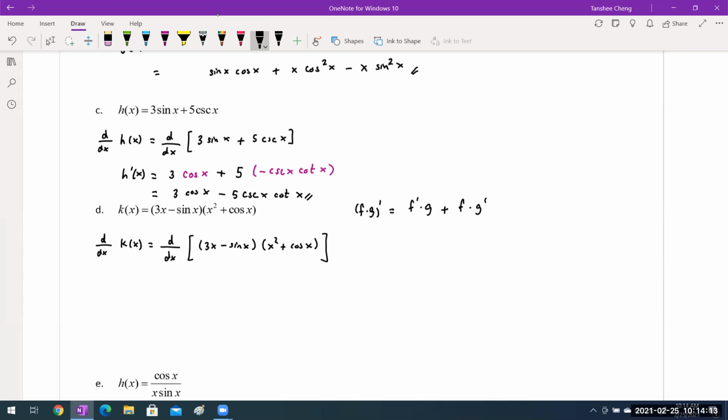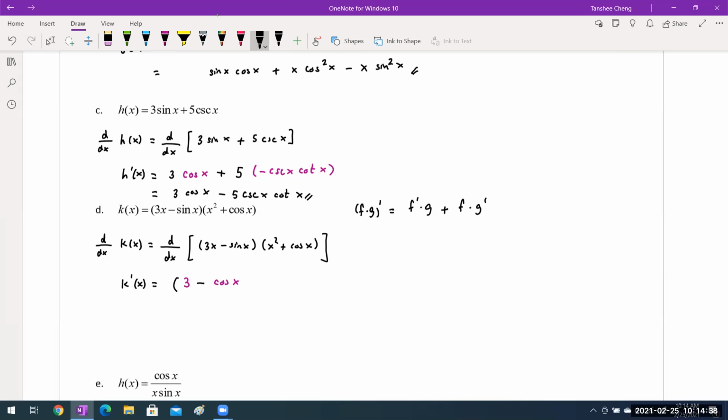So take the derivative of the first factor. When I write it down, taking the derivative of the first factor, I have 2 terms. The derivative of the first term will be 3 minus the derivative of the second term. The derivative of sine x is what? Cosine x.